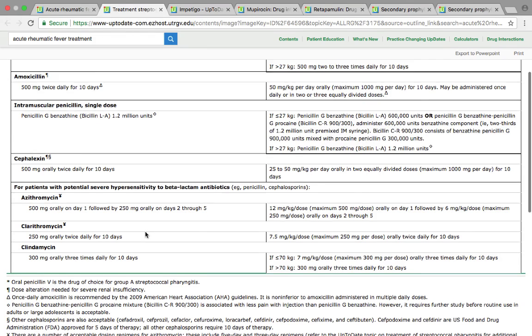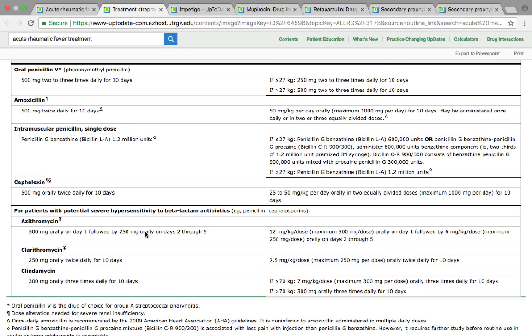Again, the penicillins are preferred by most experts, as far as their coverage, etc. You want to make sure that the person has a true penicillin allergy. There's some language I have in my slides, but you may even go to an allergist and everything. You want to make sure it's a true allergy.